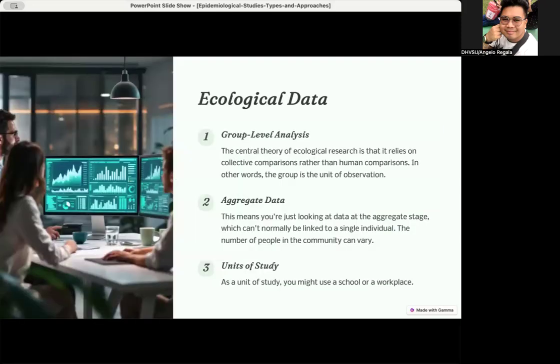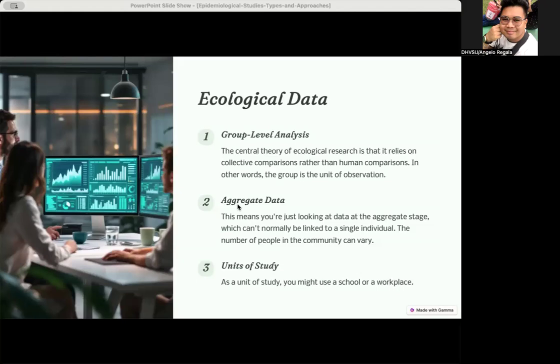So another type on a much bigger level or group level is what we call the ecological study. Okay, so if a case report is for an individual or specific person, ecological is a much bigger sample or population.